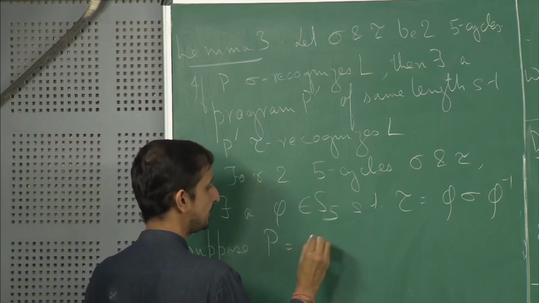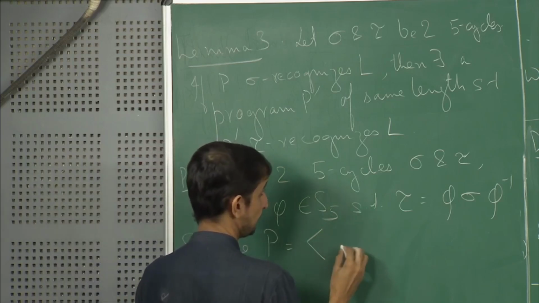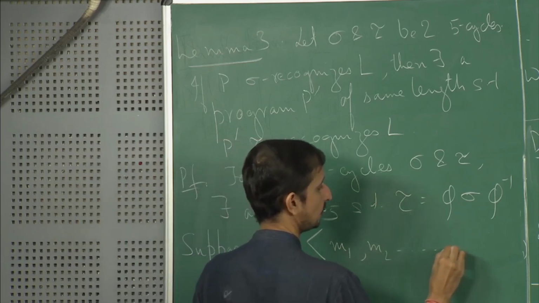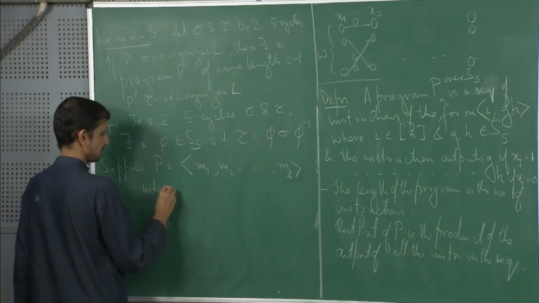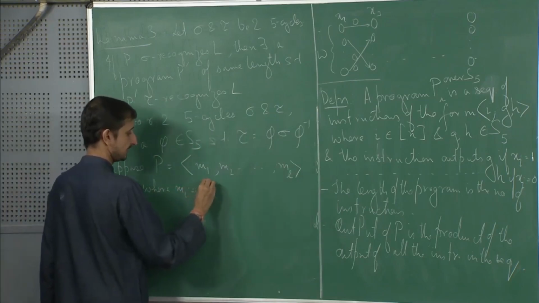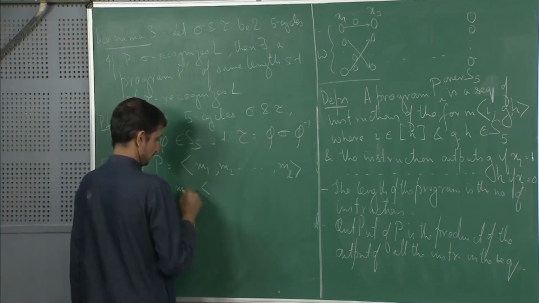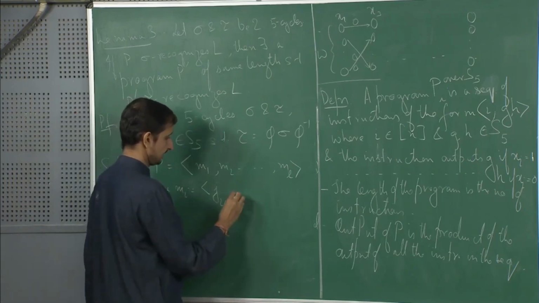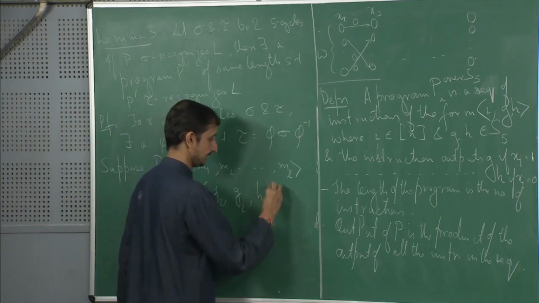So suppose P consisted of the instructions M1, M2 up to some ML, where Mi had the instruction, let's say, Ji, Gi, Hi.